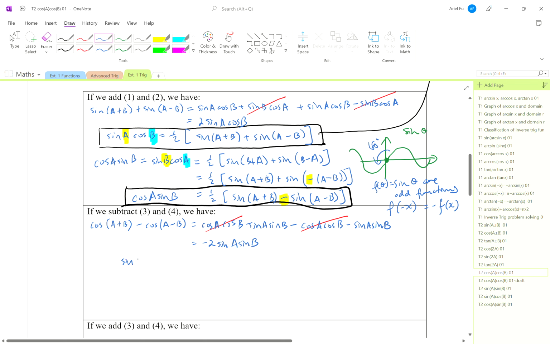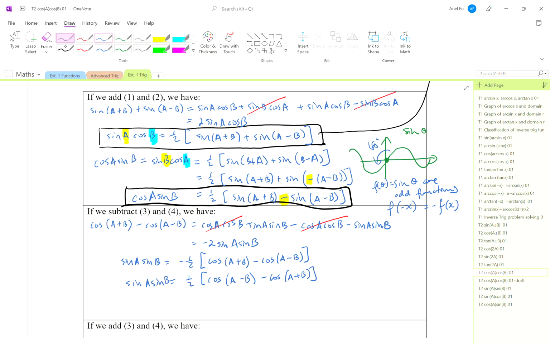which means that if I rearrange it, I'm going to get sine A sine B is -half of cosine A plus B minus cosine of A minus B, which is the same as half of cosine A minus B, take away cosine of A plus B. Okay, so that's sine A sine B right over here.